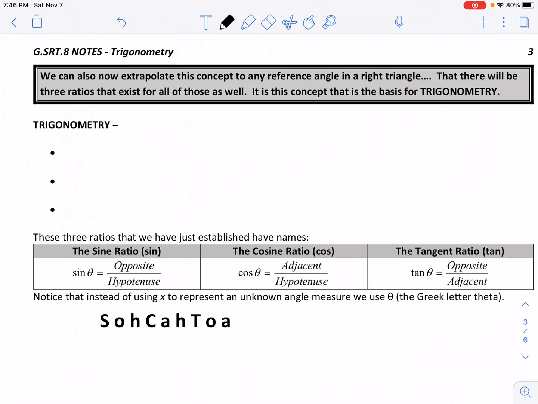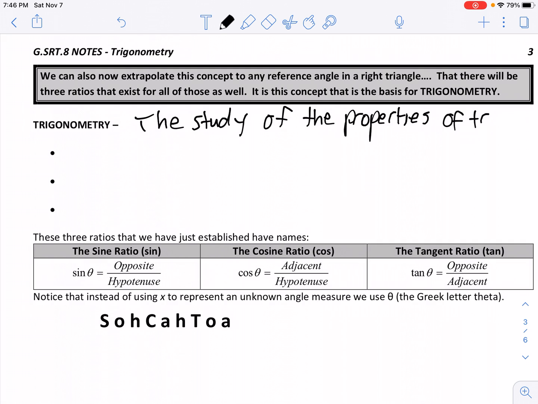Now, with trigonometry, what we're talking about with all those ratios of sides, that's kind of what leads us to the idea of trigonometry, which is the study of the properties of triangles.